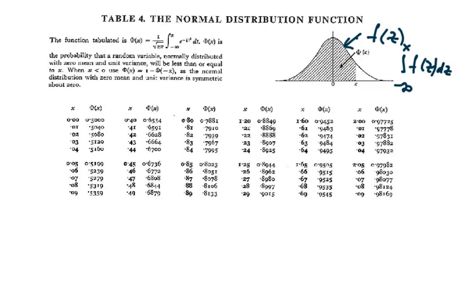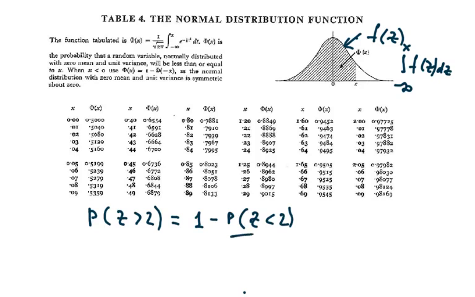Now, our problem, as we remember, reduced to the probability that Z is more than 2. We know that the integral from minus infinity to plus infinity of the probability density function is 1. Therefore, this should be equal to 1 minus the probability that Z is less than 2.